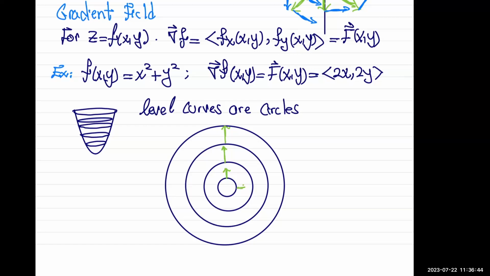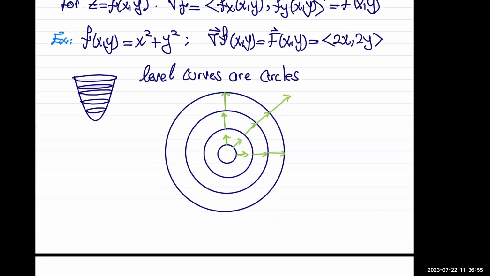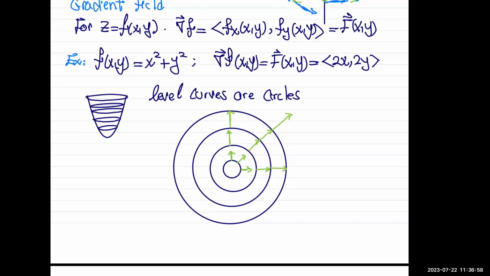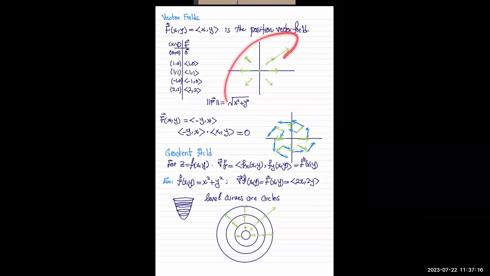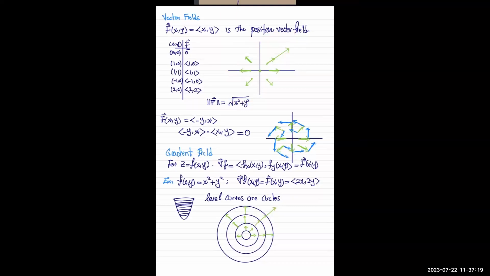This would be another one. The gradient is orthogonal to the level curves. And this is exactly what they call the radiating vector field, because the vectors are radiating away. It's just like the position vector field that we did earlier. All right, so that is the relationship between the gradient vector field and the level curves.